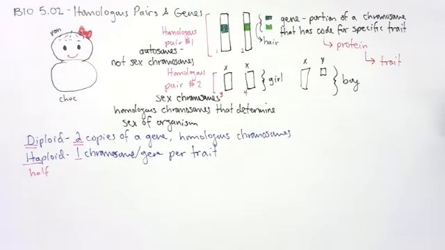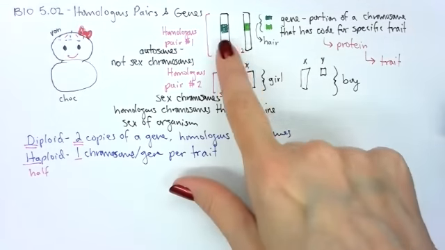So let's recap. We wanted to investigate in this video homologous pairs and genes, and what exactly is a homologous pair. So a homologous pair is a set of chromosomes that have the same copies of genes for the same trait, even though those genes could be slightly different.